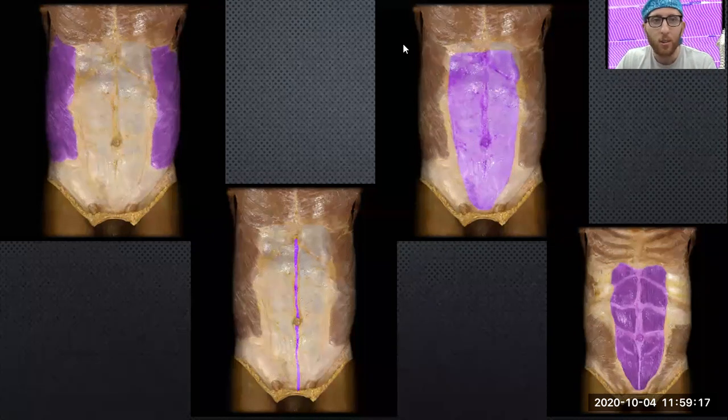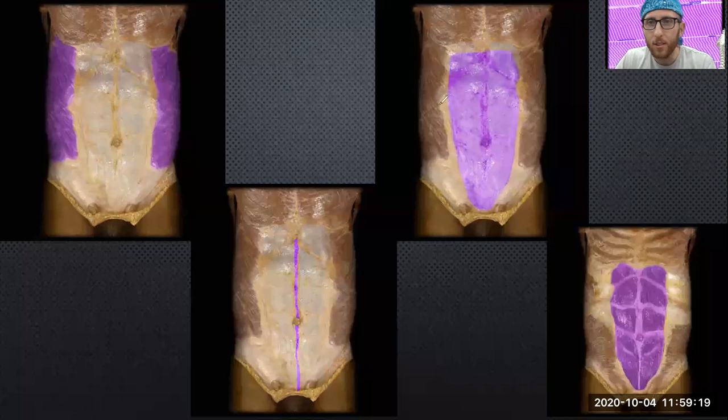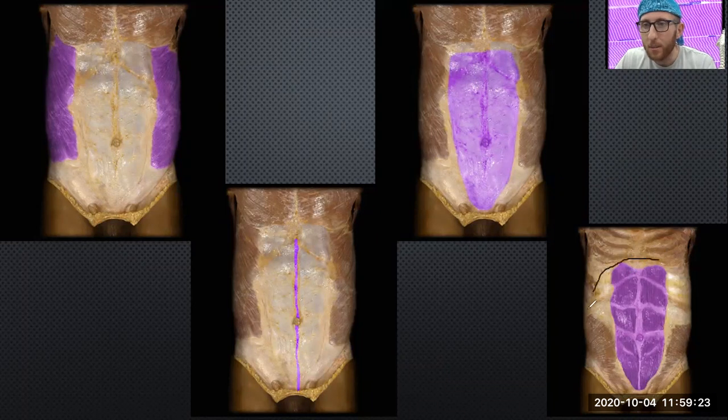And here we go. Let's first start on the difference between the rectus abdominis, which is this one down here, where you can see the muscle striations, the linea alba going through the umbilicus or the belly button, and then these tendinous cross sections that divide that muscle.